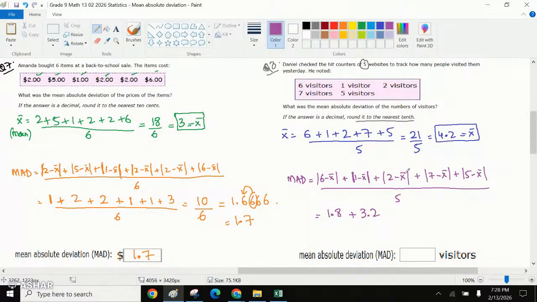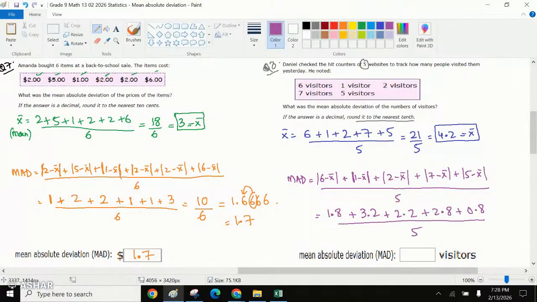Okay. 2 minus 4.2 is negative 2.2, which becomes positive 2.2. 7 minus 4.2 is 2.8. And 5 minus 4.2 is 0.8, divided by 5 values.